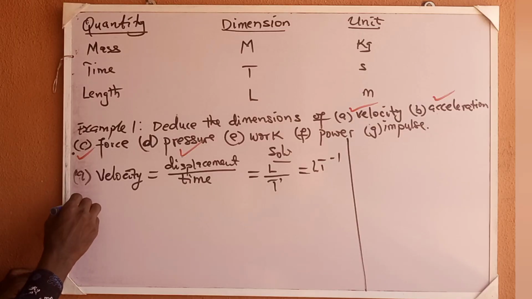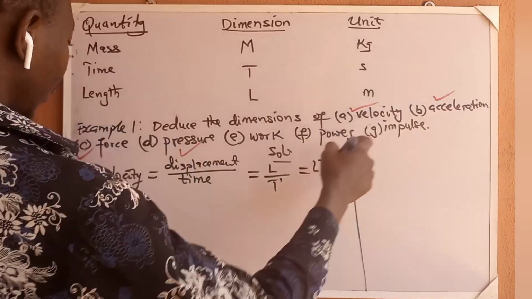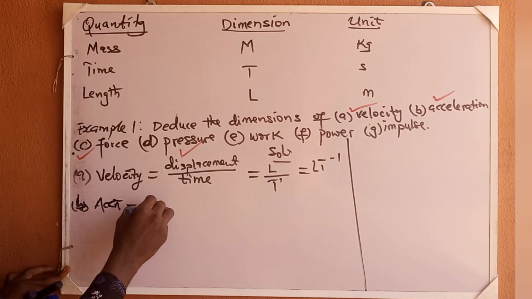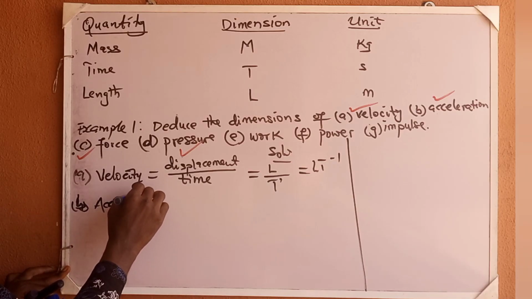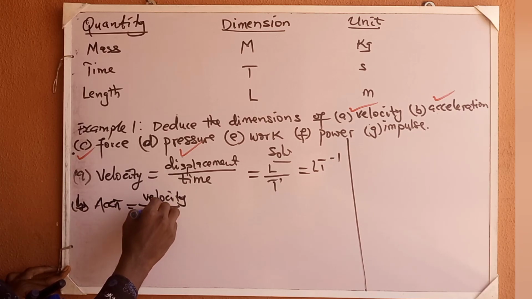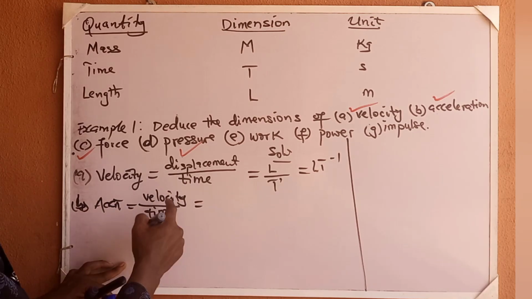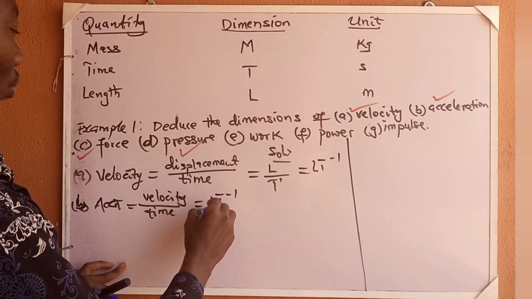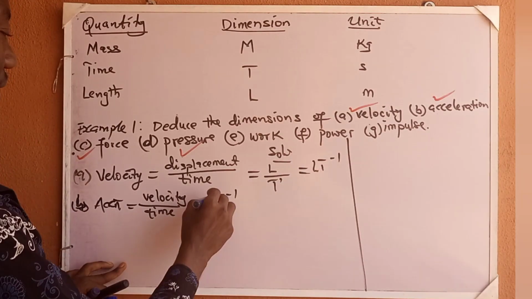Next is acceleration. So acceleration is change in velocity over time. So we're going to write velocity over time. What is the dimension of velocity? We've gotten it here as LT minus 1, then divided by T because of this time.